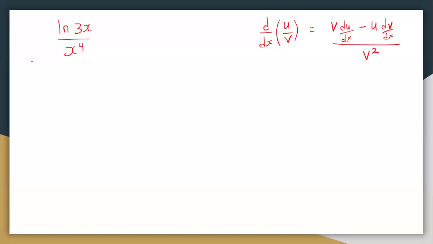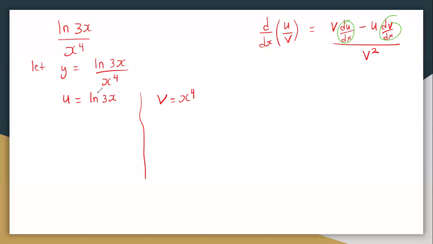So when you look here, I can select my function y equals ln(3x) over x^4. Let your numerator be u, ln(3x), and your denominator v equal x^4. You will need du/dx and also dv/dx, so you need to find them.